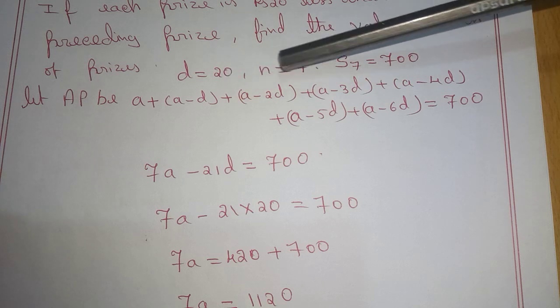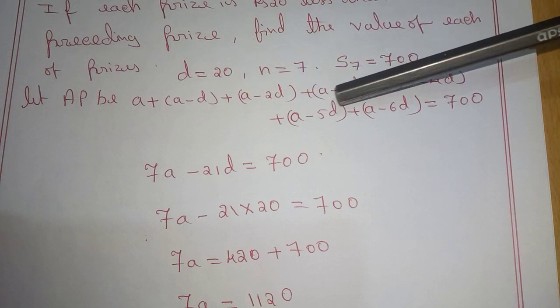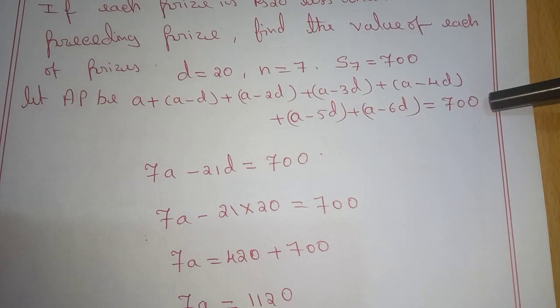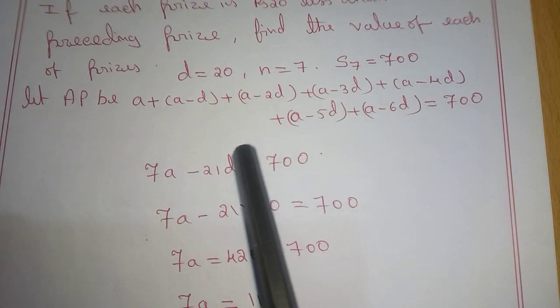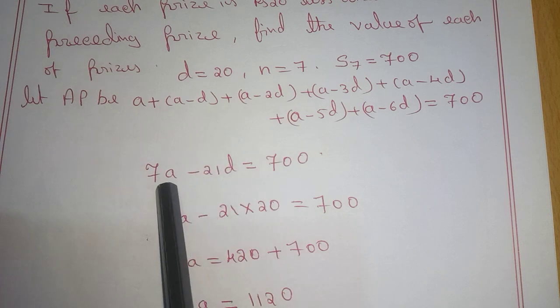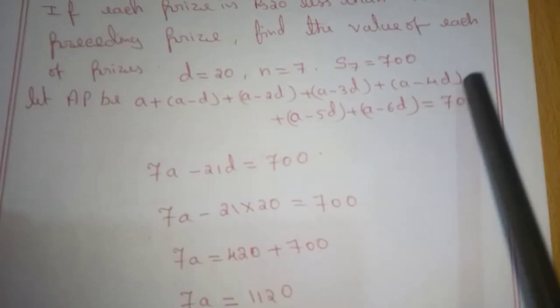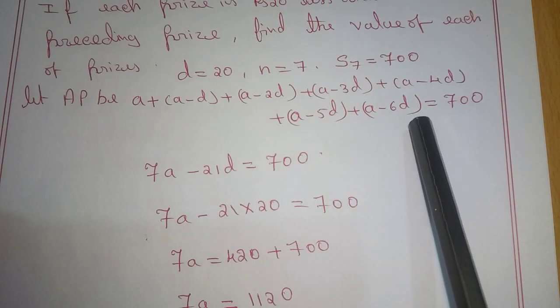A plus A minus D plus A minus 2D plus A minus 3D plus A minus 4D plus A minus 5D plus A minus 6D is equal to 700. Add all these A's. How many times you got? 7 times. 7A. Then add all D's.